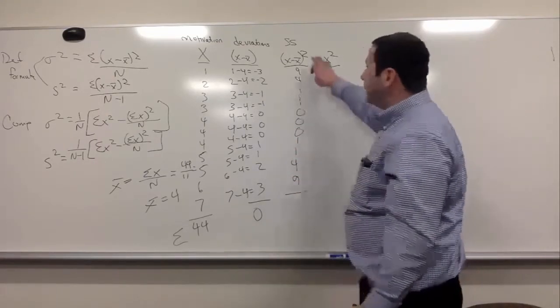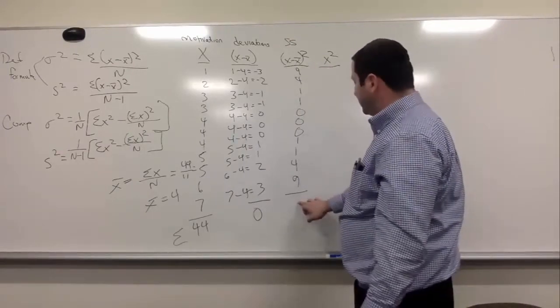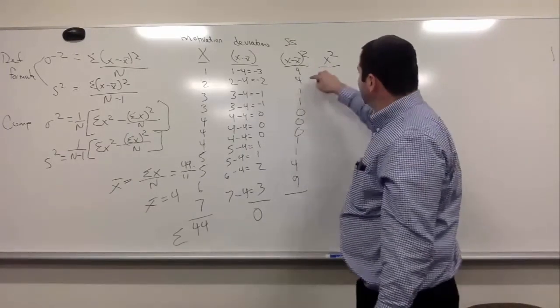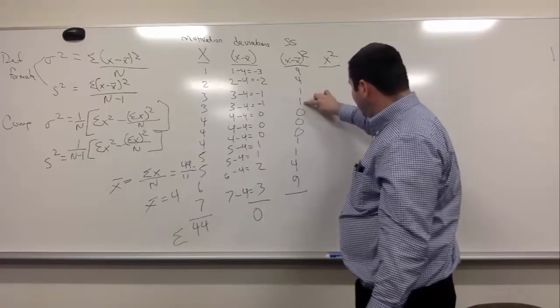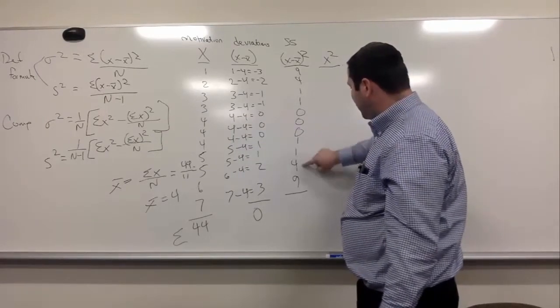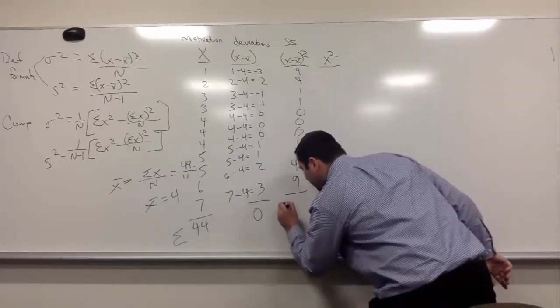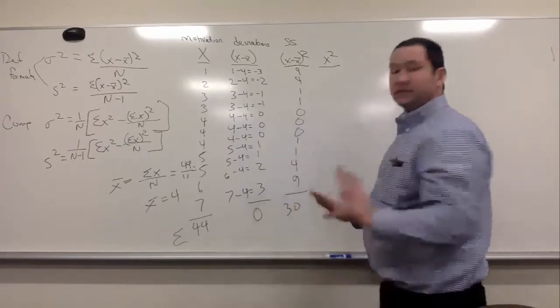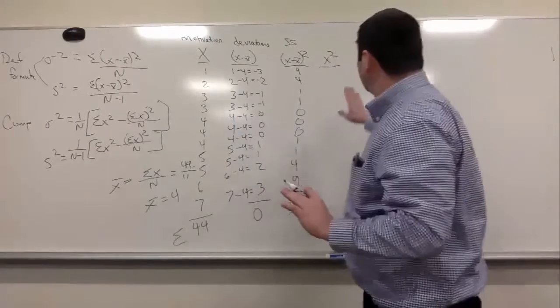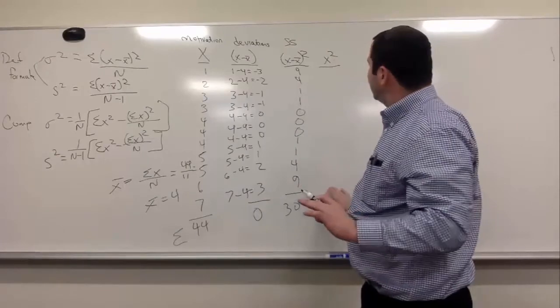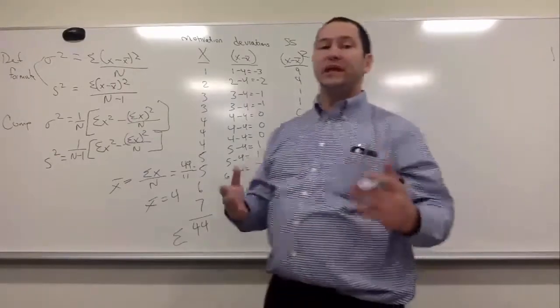Now, the sum of squares in this case is 13, 14, 15, 16, 17, 21, 30. So we get a sum of squares of 30. Okay. Now, this is going to be important when we get to the computation piece.